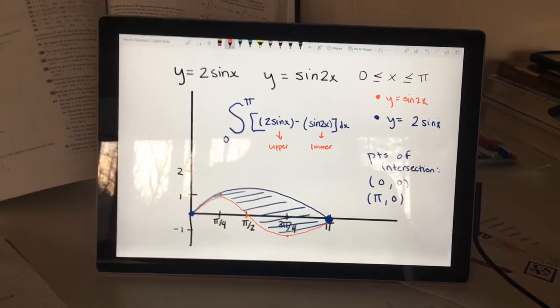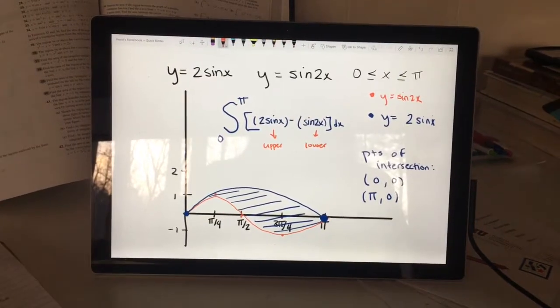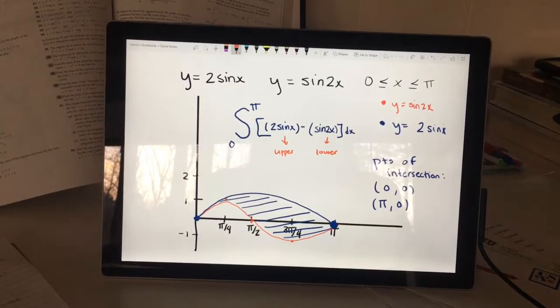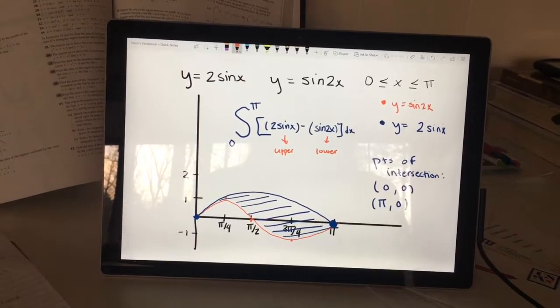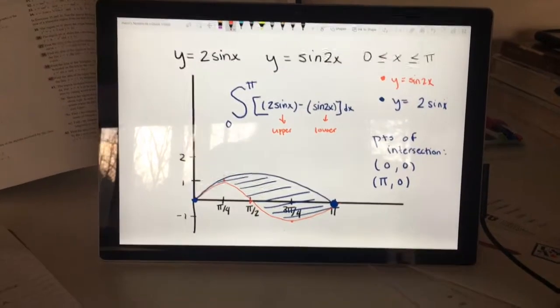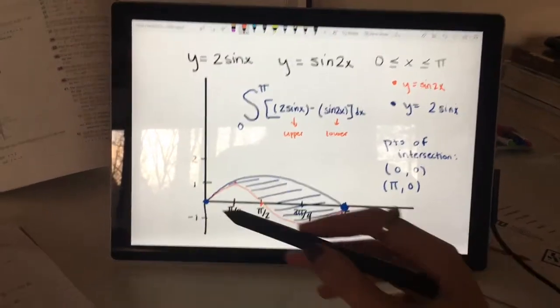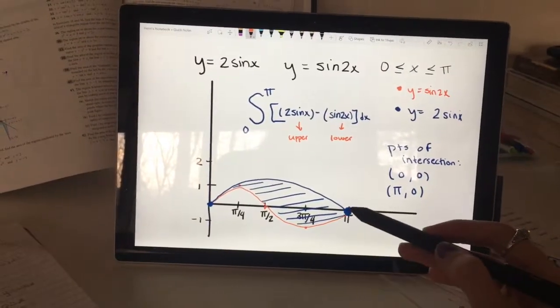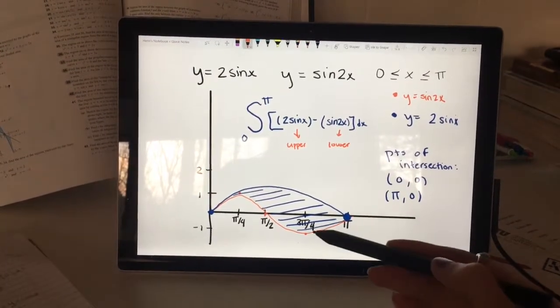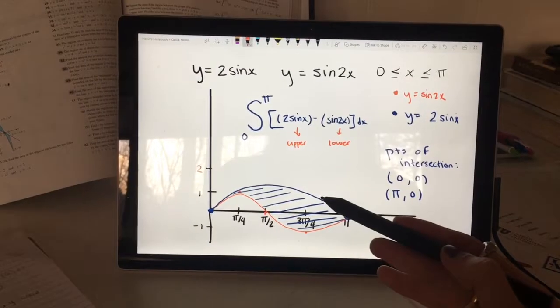It's quite trivial. If you're not too confident with your unit circle skills, you can use your calculator, depending on what your teacher wants from you. But you can tell that the points of intersection are (0, 0) and (pi, 0). So I want to find the area in between y equals sine x and y equals 2 sine x.